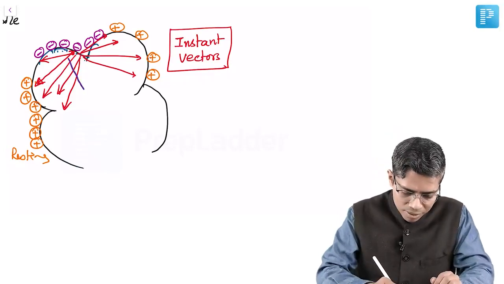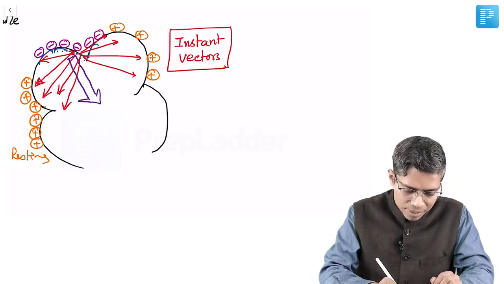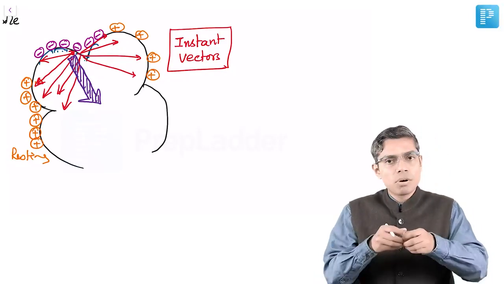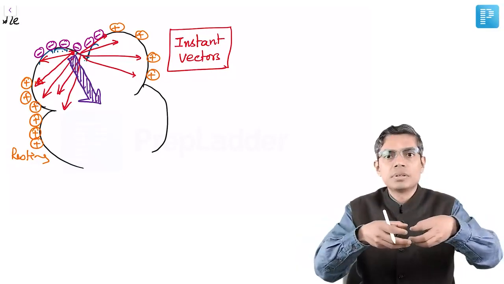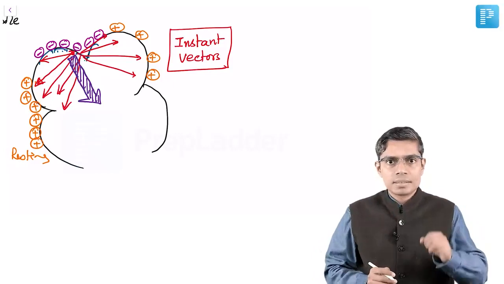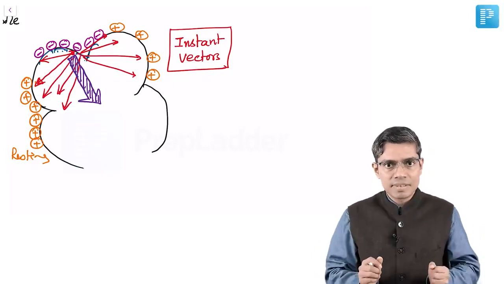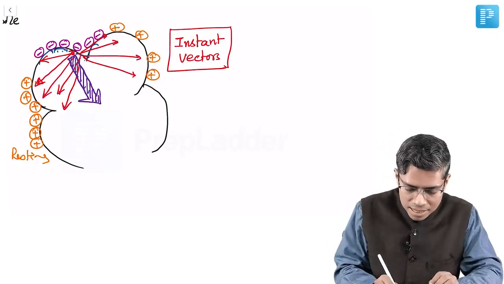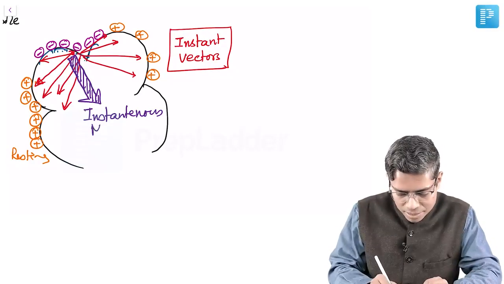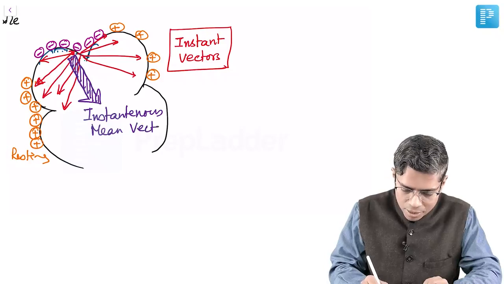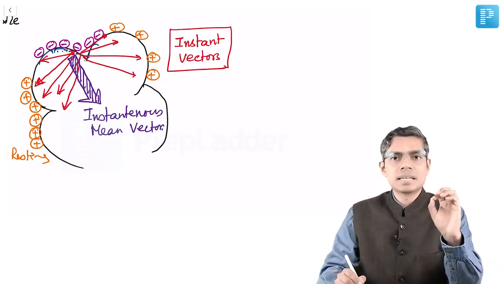Although multiple voltage vectors are created, the net or mean vector will be directed from the SA node towards the AV node, because ultimately the depolarization is going from the SA node towards the AV node. The summarized version of all these instant vectors is known as the instantaneous mean vector.